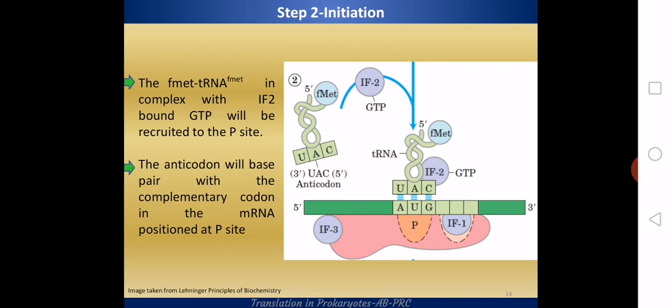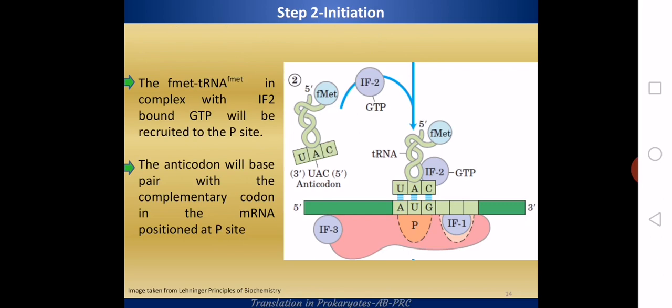So this fMet tRNA fMet has to be recruited into the P site, and this is supported by an initiation factor called IF2. This IF2 is nothing but a G protein which can bind GTP and can use the energy from GTP, right? It has GTPase activity also.